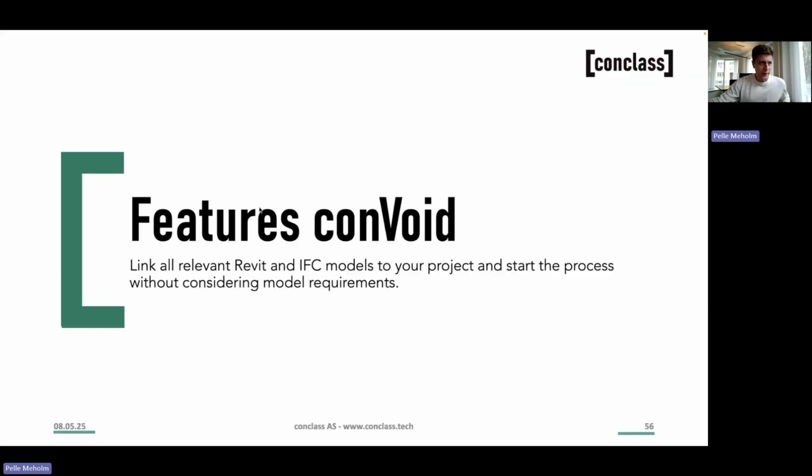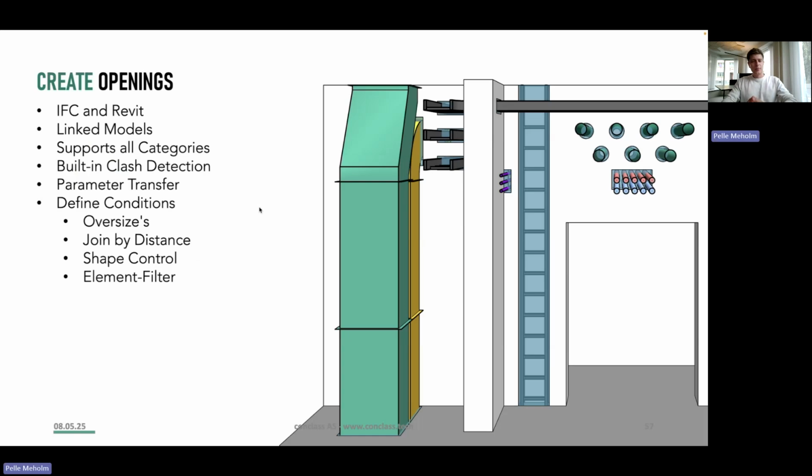The features of ConVoid. The first feature is to create builders work openings. You can use IFC and Revit files and link them together to create the federated model. Based on an internal clash detection, ConVoid will detect all the relevant locations or intersections on where to create and place openings.